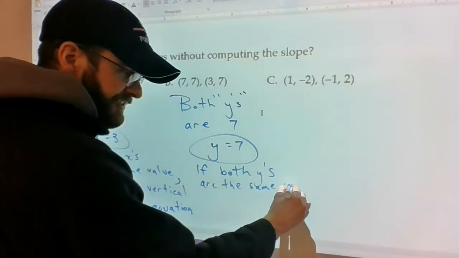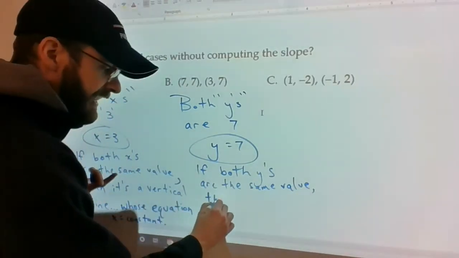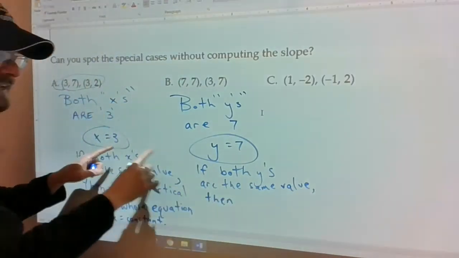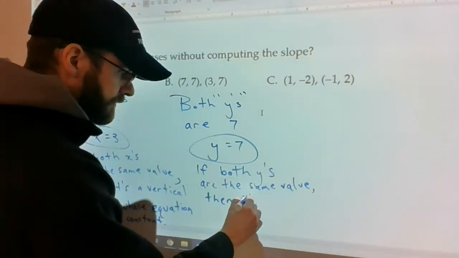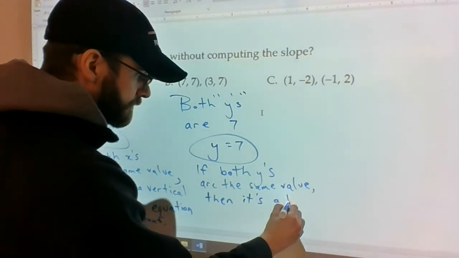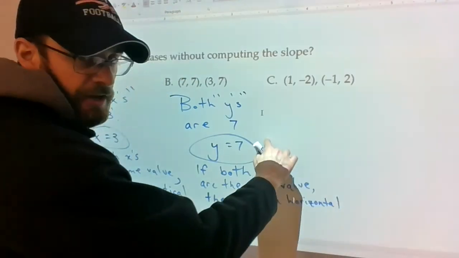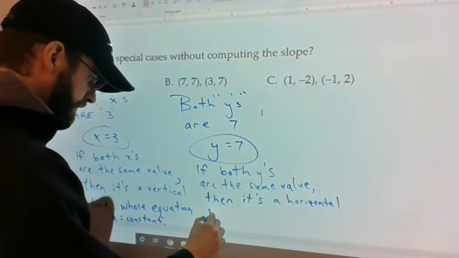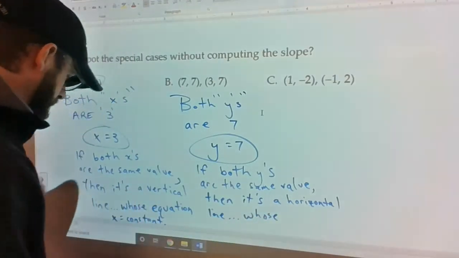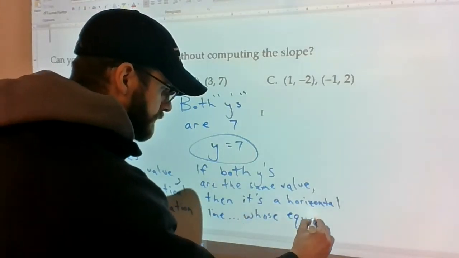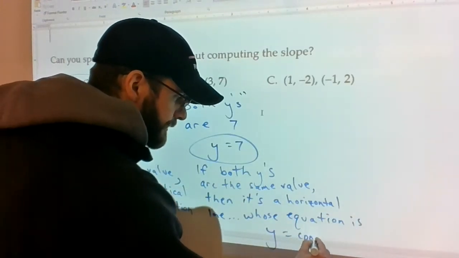By the way, I didn't say this in the first example because I didn't want us to get off track, but this means that it's not a vertical line, but it is a horizontal line. You know, horizontal, whoosh, whose equation is always y equals some constant.